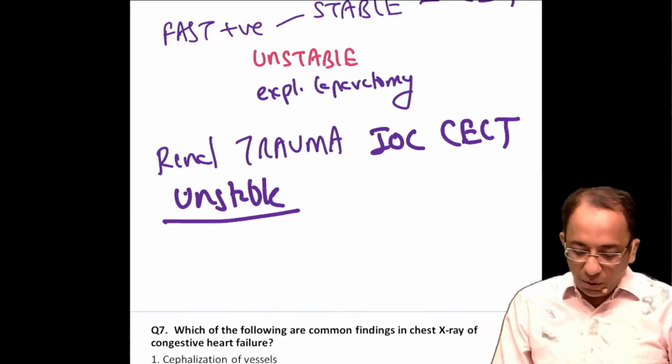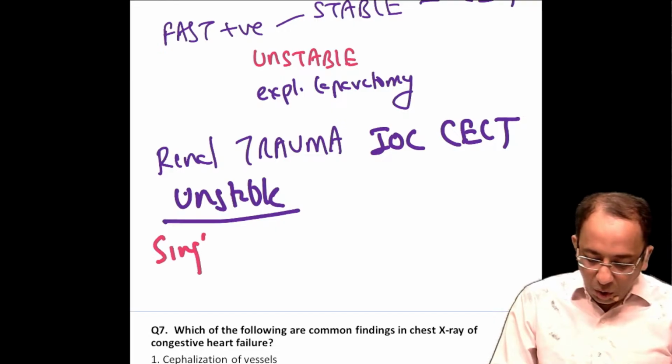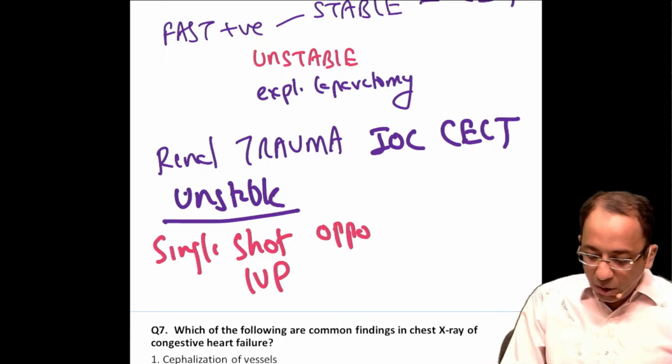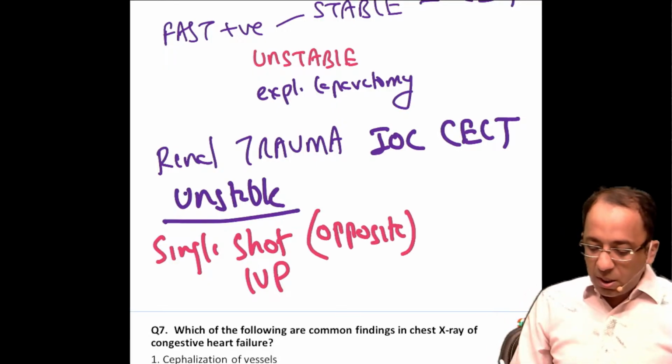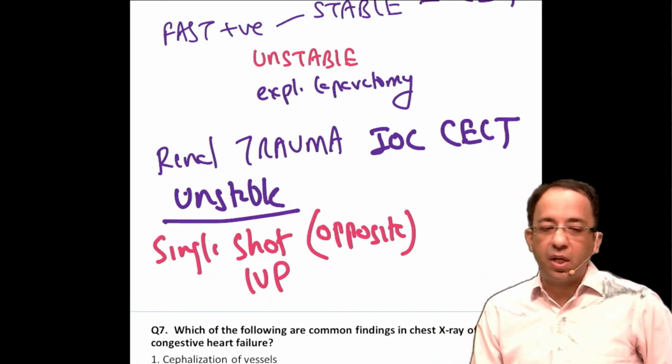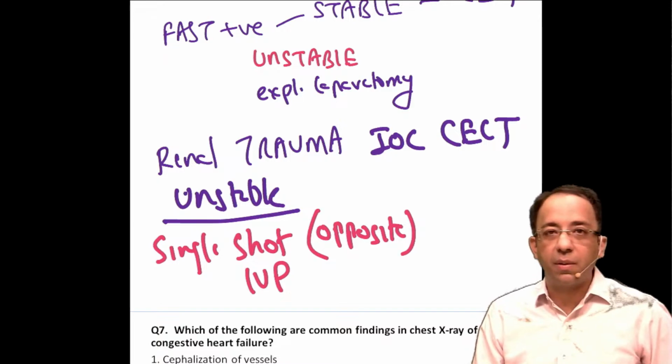Then the answer will be single shot IVP. You want to see the function of the opposite kidney. The answer will be single shot IVP for an unstable patient. Stable patient, CECT.